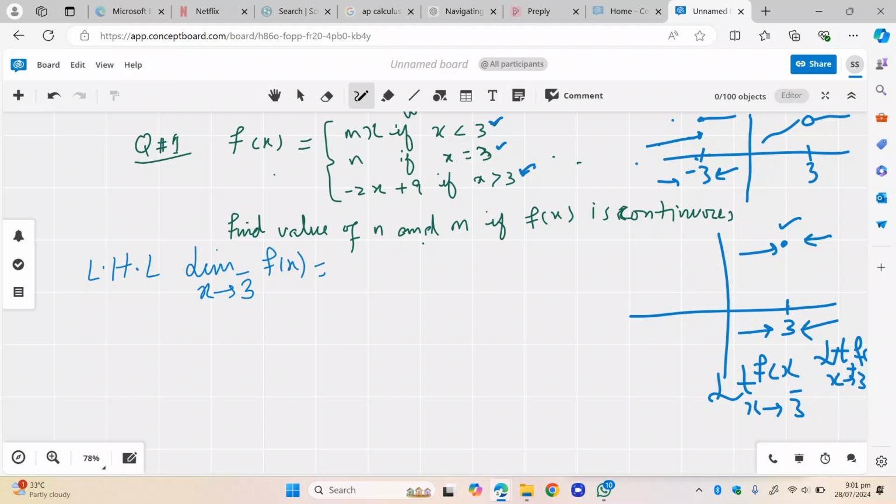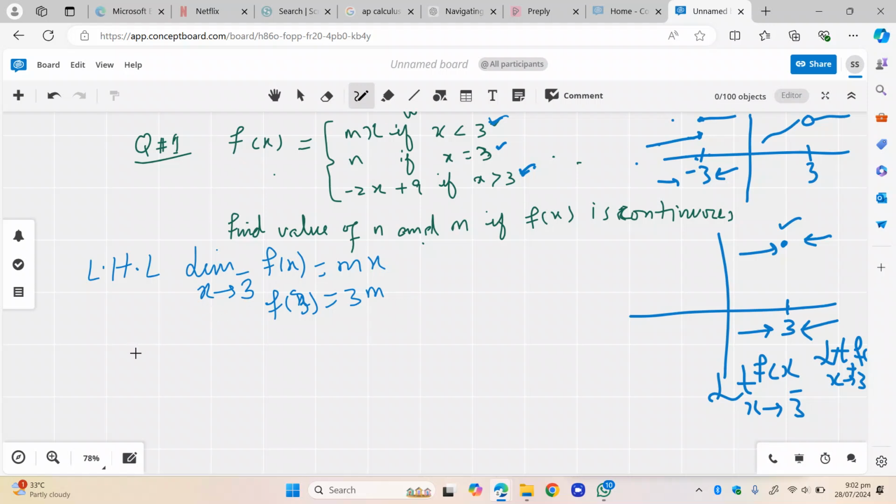Since we are approaching 3 from the left side, we will be using values of x less than 3, so we are going to use this function, mx. Now we can replace x with 3, so f of 3 is equal to 3m. So that is the value of the left hand limit.